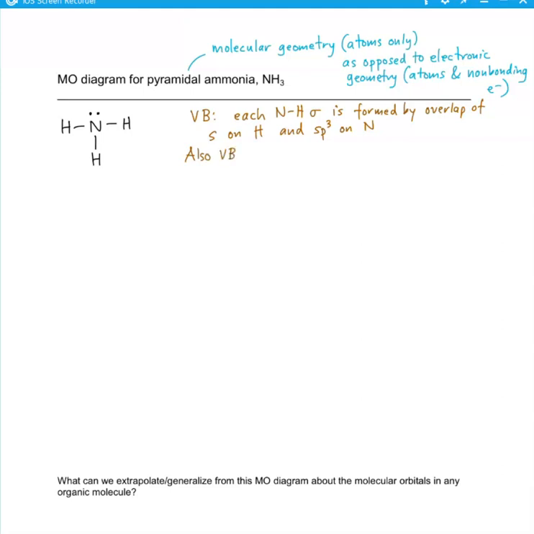Valence bond theory would also tell us that the nitrogen lone pair, remember the lone pairs are contained in hybrid orbitals, because the hybridization of the nitrogen is sp3, is in an sp3 orbital.